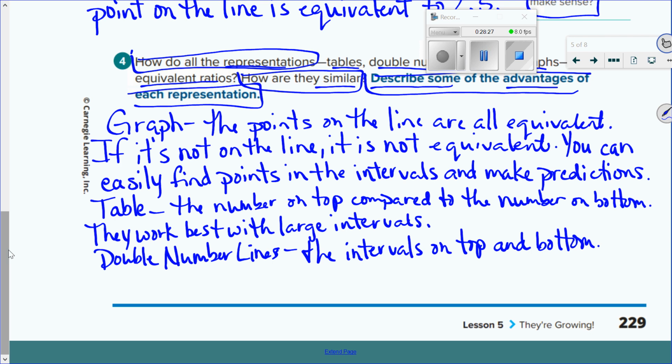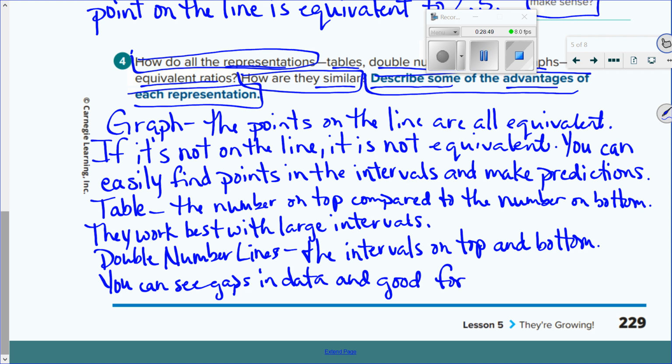It's probably the easiest of any of them to figure out in between because I can figure out exactly what that interval is and how far apart they are. So you can see gaps in data, and it's good for finding points between the intervals.